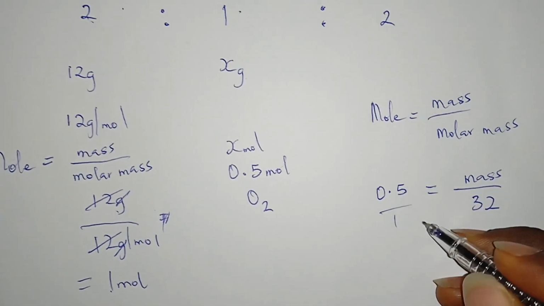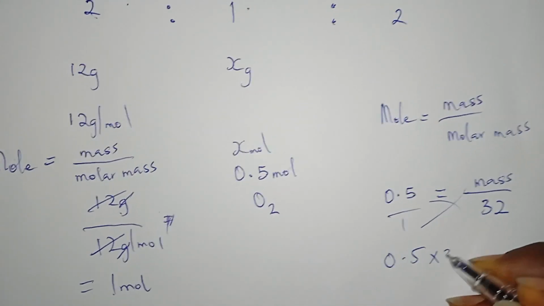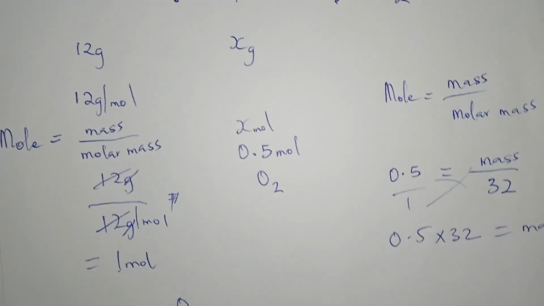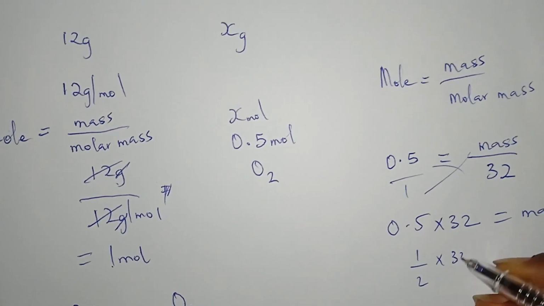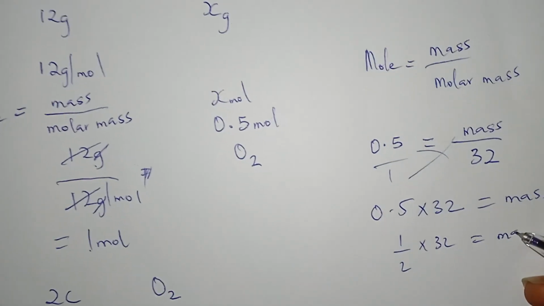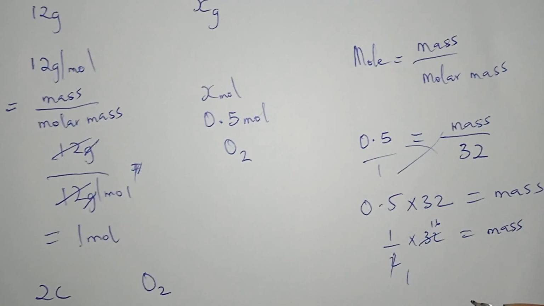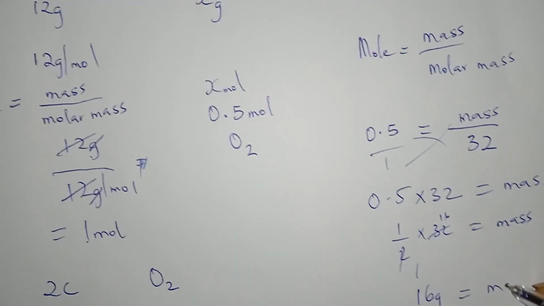Anything standing on its own is over 1, so cross multiply, so that this will be 0.5 times 32 equals mass. And 0.5 is the same thing as half, so half times 32 equals 16. So this is 16 grams of oxygen.